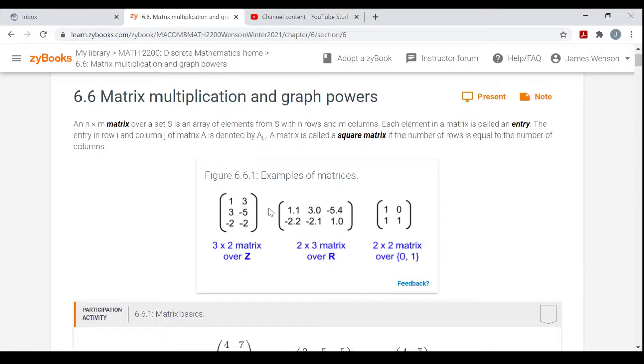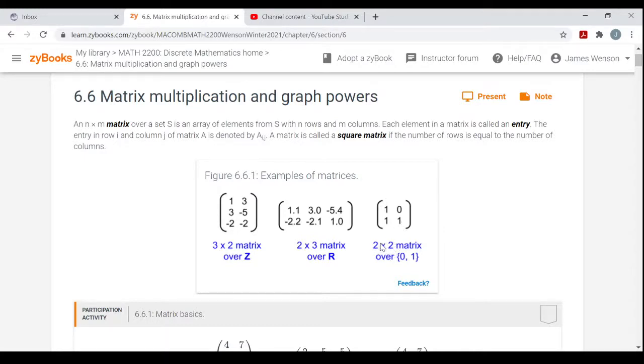This one is a 2-row, 3-column matrix. And if you multiply the number of rows by columns, that'll tell you how many entries there are as well. 2 times 3 is 6, and you see the 6 numbers in here. 3 times 2 is 6. There are 6 entries in the matrix. And then this last one, 2 rows, 2 columns, 2 by 2.